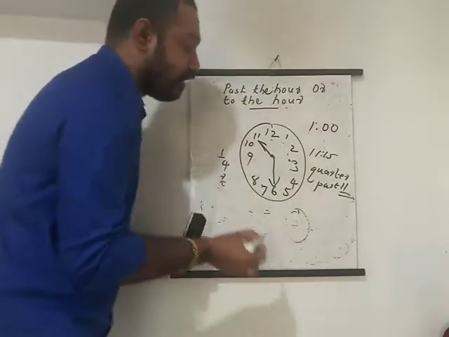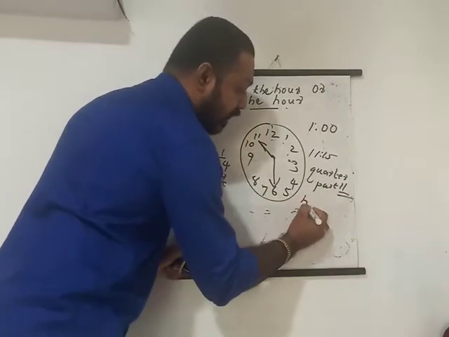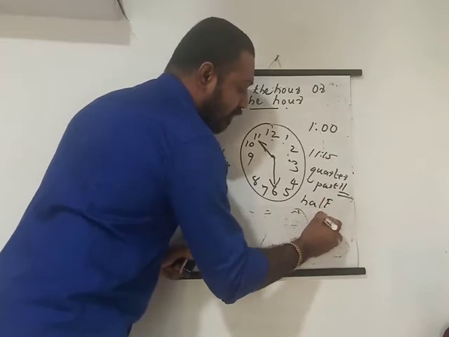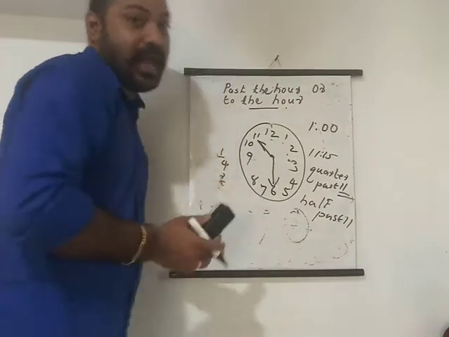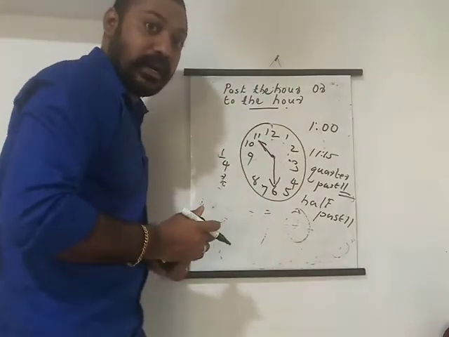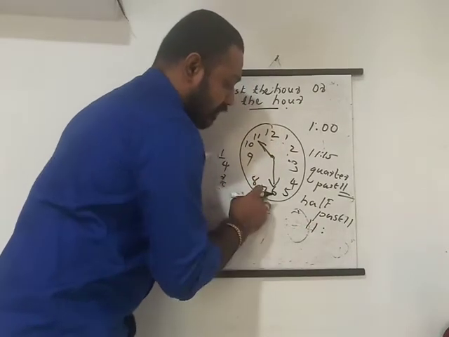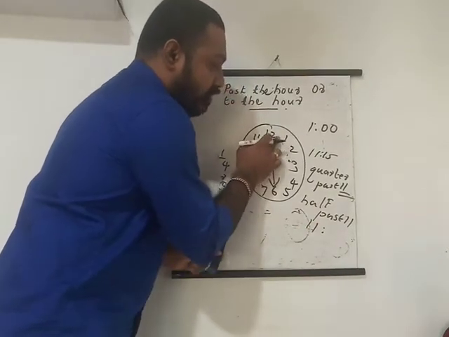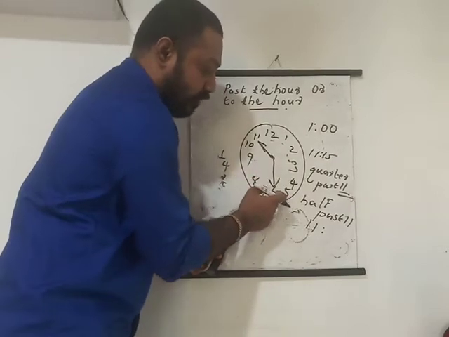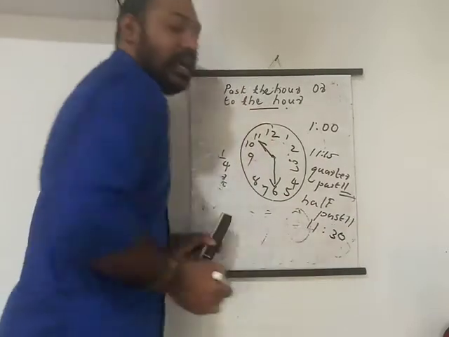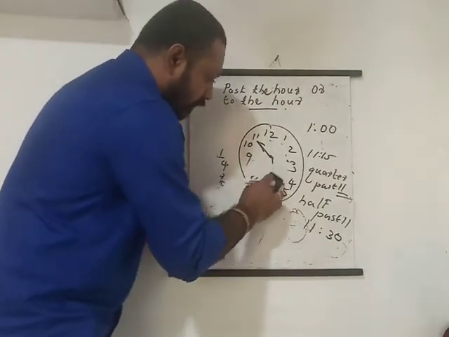Half part means, if the hour hand is on 11, we will read it as half past 11, 11:30. 6 means what? 1 means 5 minutes, 2 means 10 minutes, 3 means 15, 20, 25, 30. 11:30. Half past 11. Okay. Or what will be this one?